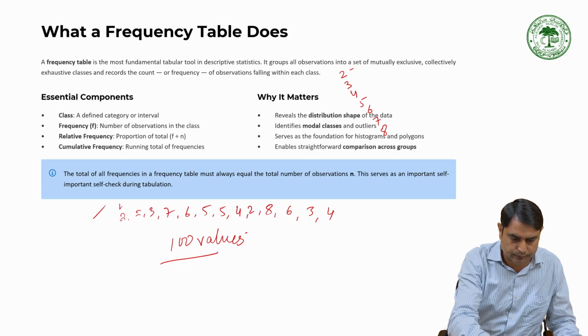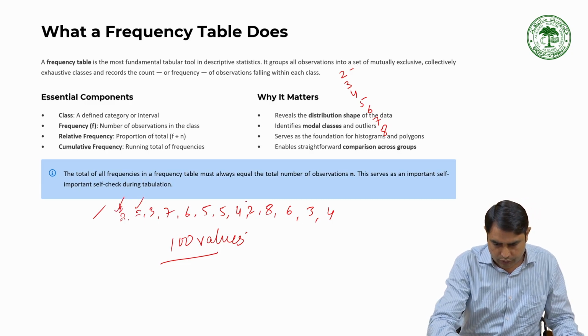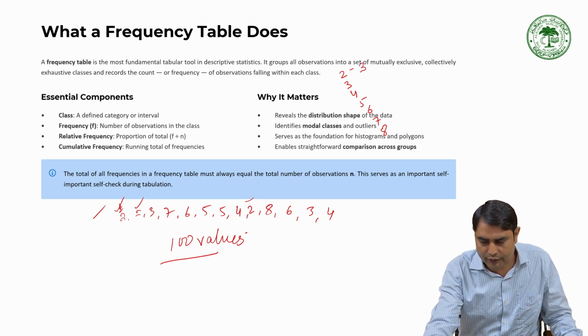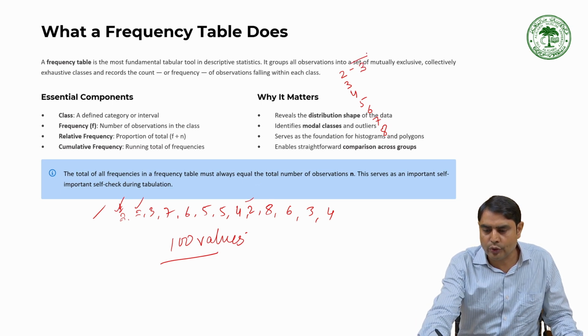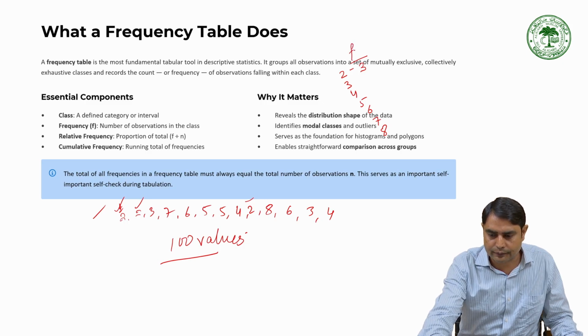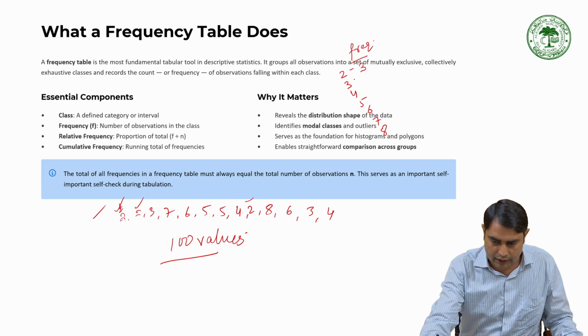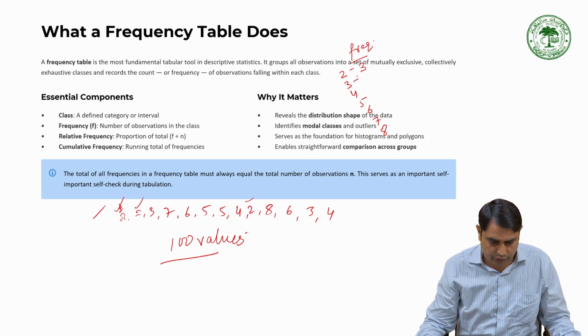For 2, there are 2 repetitions, so I can write down its frequency. It means 2 is recurring 3 times. And then I'll take the frequency of 3.